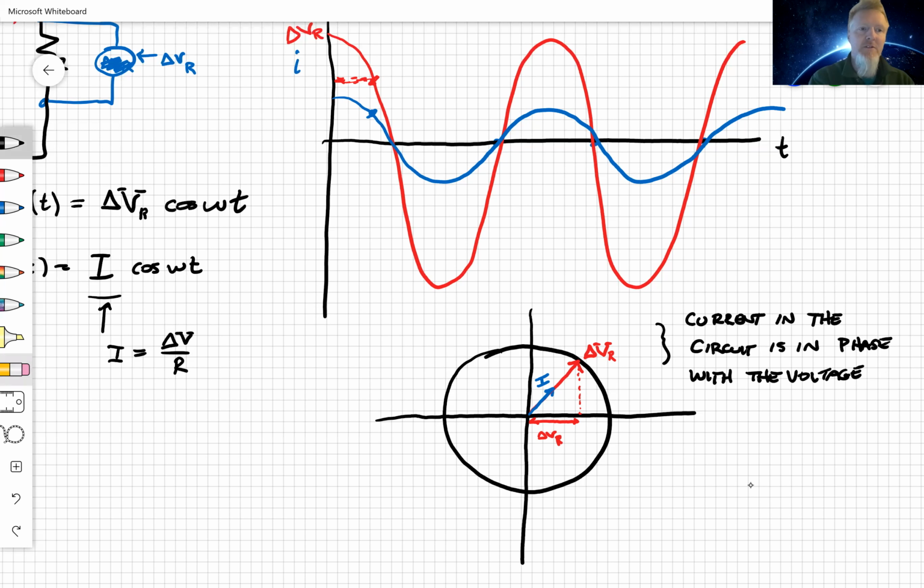I was going to say of the resistor, but voltage across the resistor. That's funny. That looks like resistor.